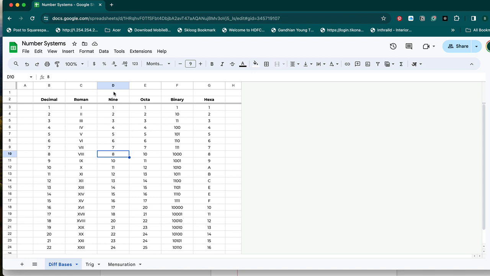But in the case of base 9, you don't have a 9 at all. You have only the numbers from 0 to 8. So when you come to 9, you need to create a place system, and 9 actually looks like 1 0. You don't call it 10. In the base 9 system, this is actually 9. 1 1 is 10, 1 2 is 11, 1 3 is 12, 1 4 is 13, and so on. 1 8 is 17.